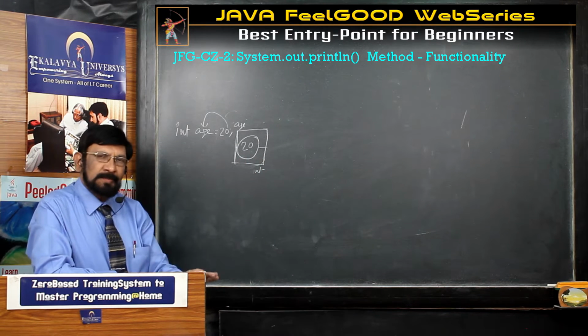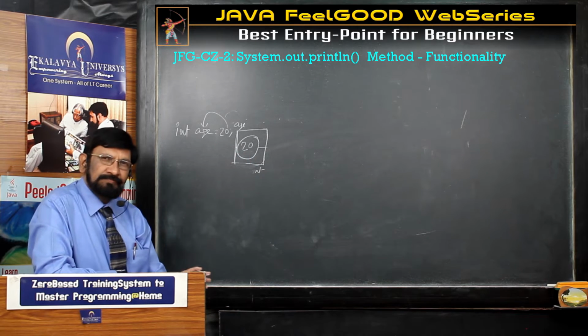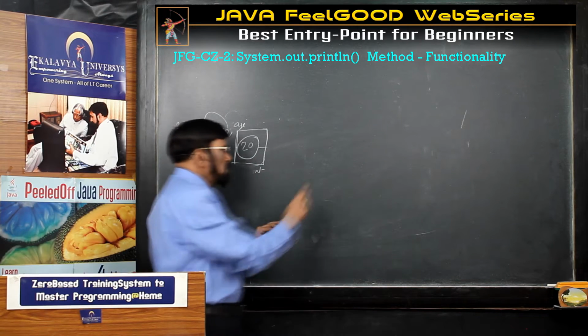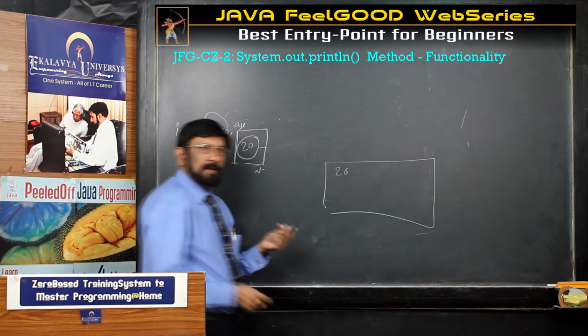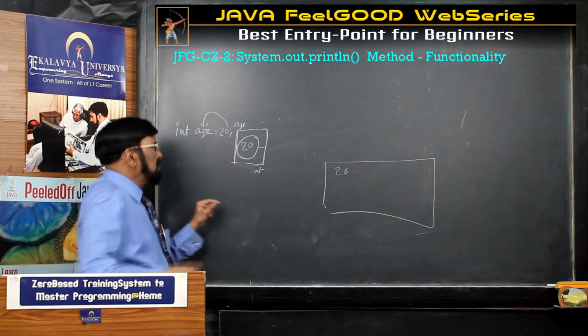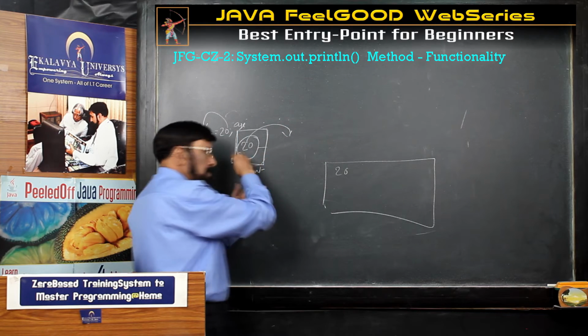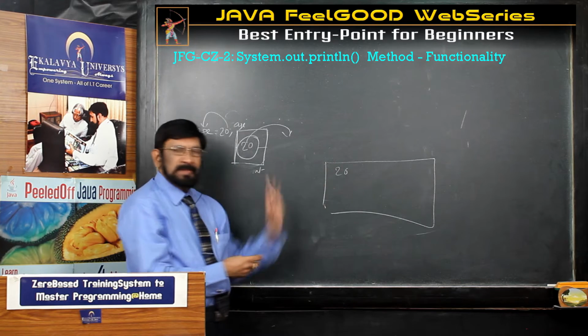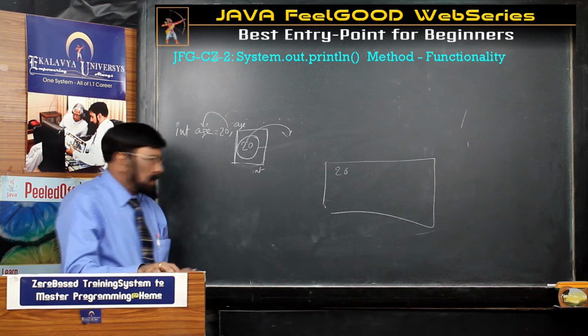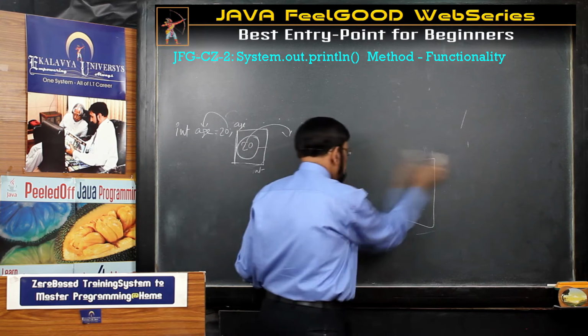Keep manipulation aside, we are not doing any manipulation now. Thereafter, you want to display this 20 here. Then what operation should be done? One is retrieving data. You have to retrieve it from the container. Thereafter you have to display it on the monitor screen. So what does SOP do?